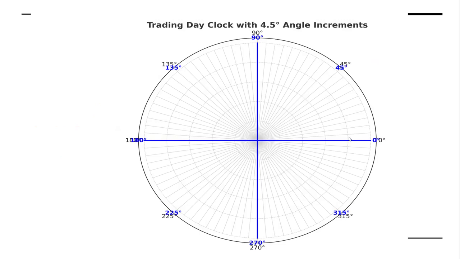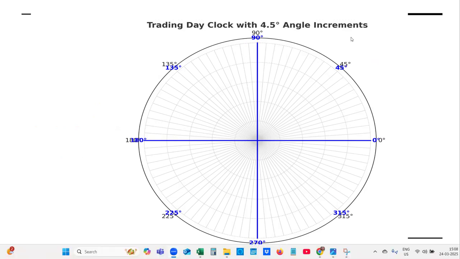You can also construct the clock like this. In between, the angles are 4.5 degree increments. Why? One 4.5 degree angle increment is related to a 5-minute candle.